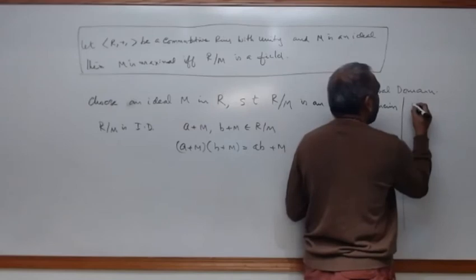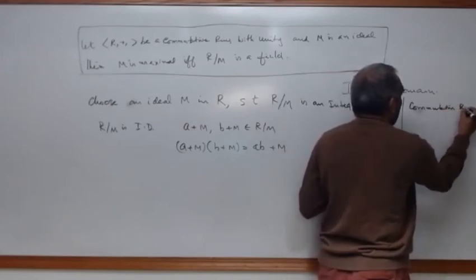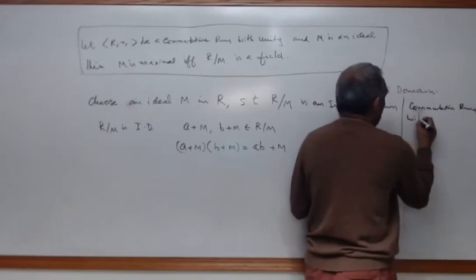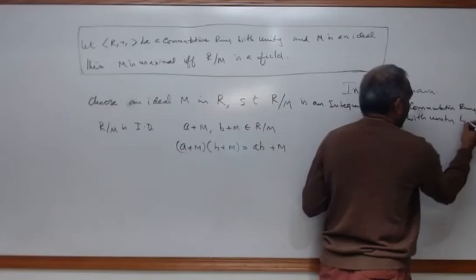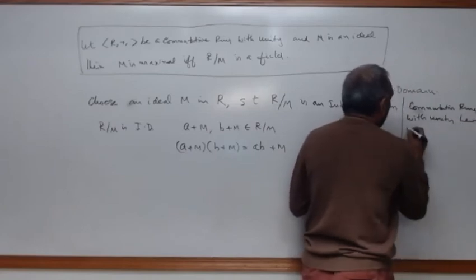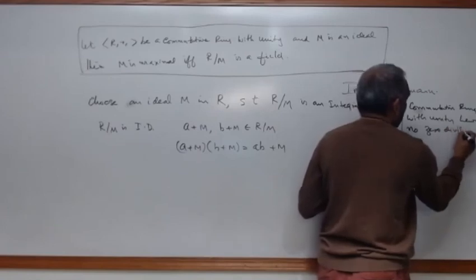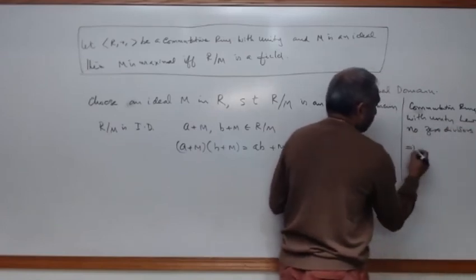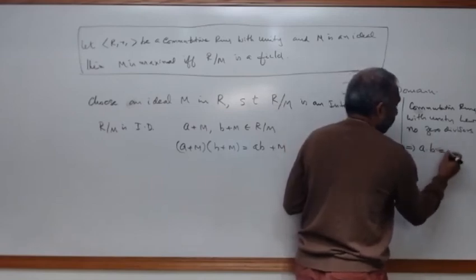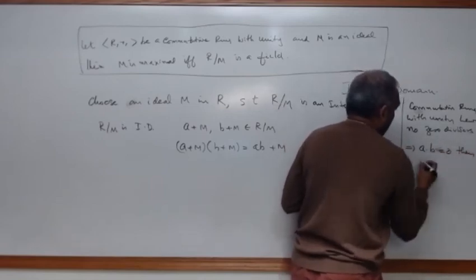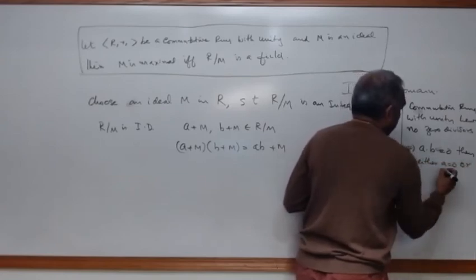Integral domain is a commutative ring with unity having no zero divisors. That means if you multiply two elements and AB is equal to 0, then either A is equal to 0 or B is equal to 0.